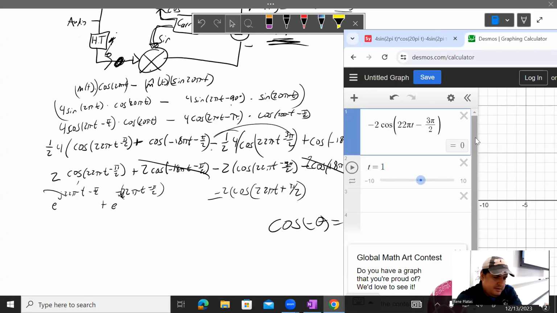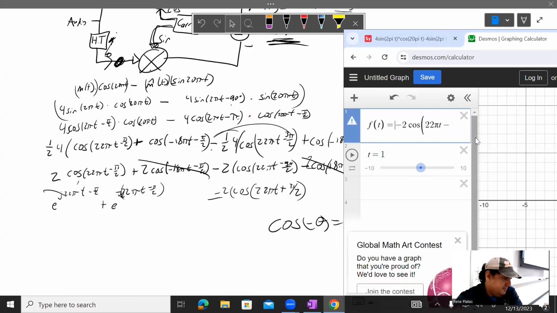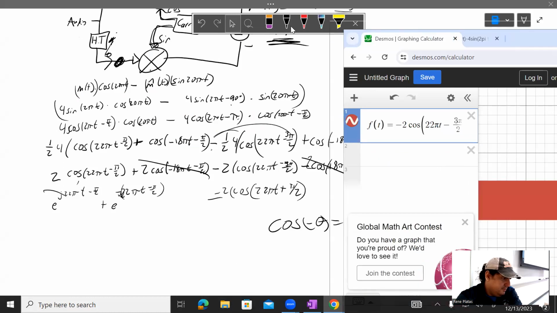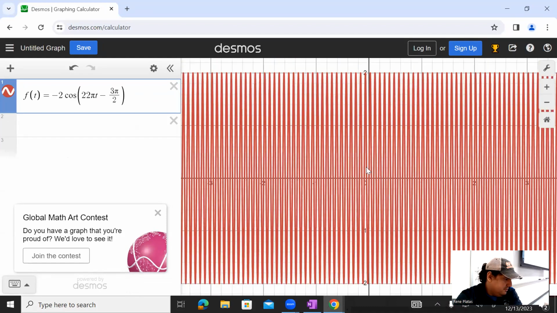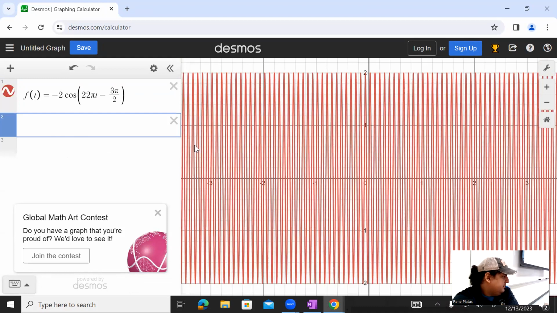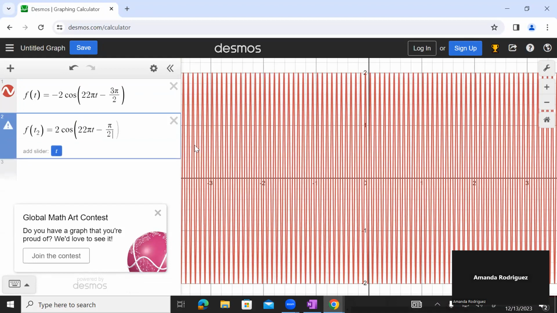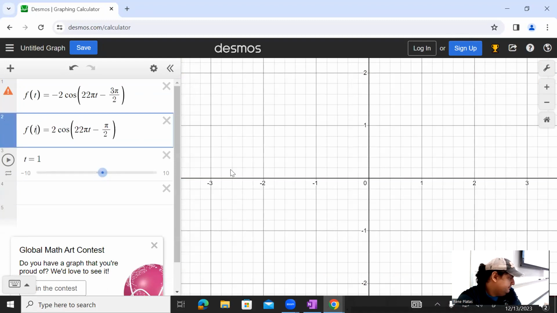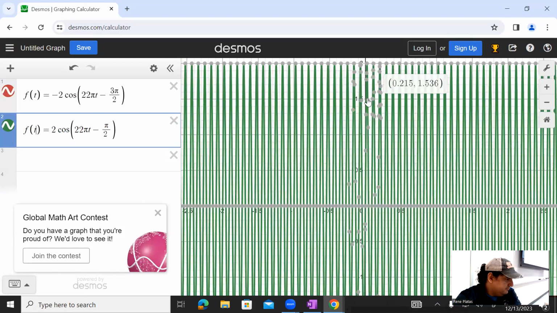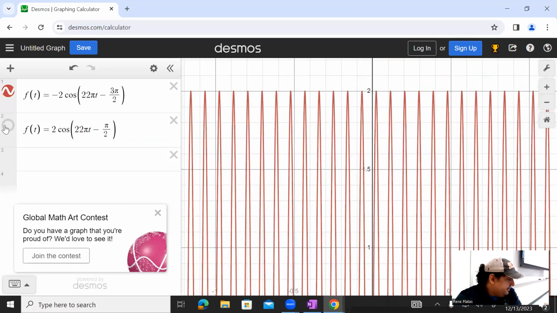And then you want to see if f of t2 is equal to 2 cosine minus pi/2? Yes. Oh, shit. They're the same.